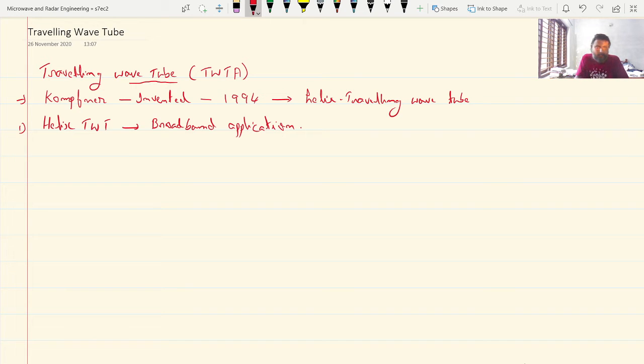The second category is the coupled cavity traveling wave tube. These are widely used where we require high average power, such as in a radar transmitter.